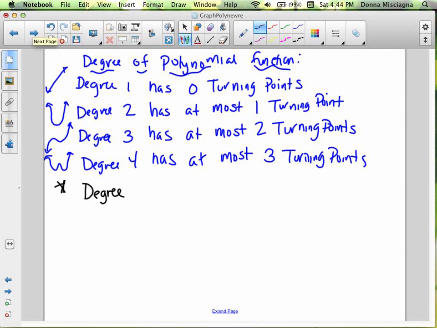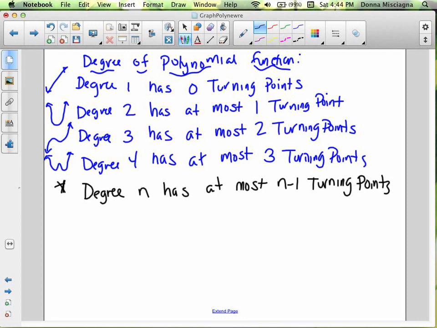So degree n has at most n minus 1 turning points. So notice 0 turning points, degree 1. 1 turning point, degree 2. 2 turning points, degree 3. 3 turning points, degree 4. N minus 1, degree n.